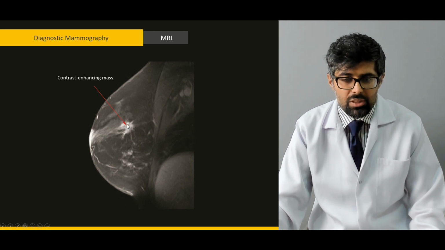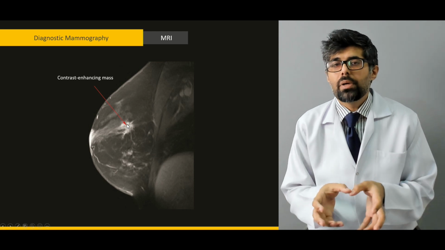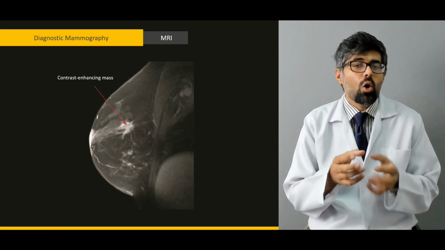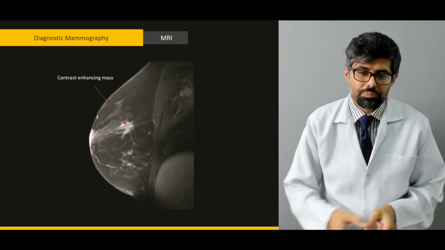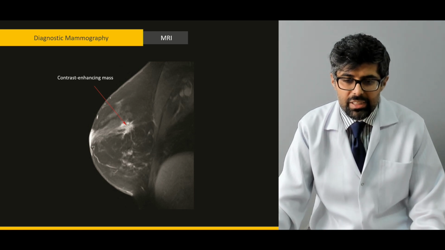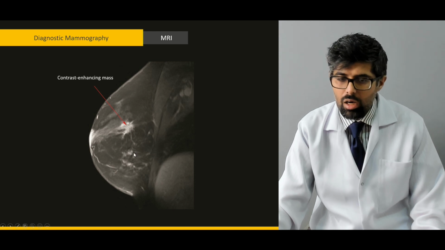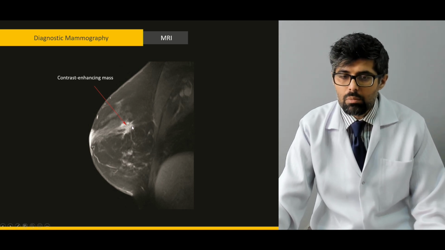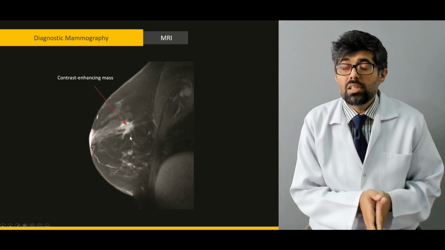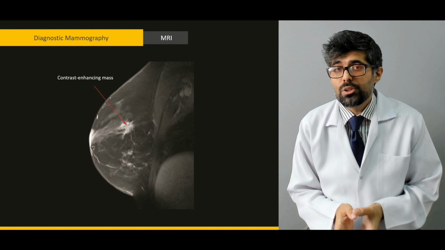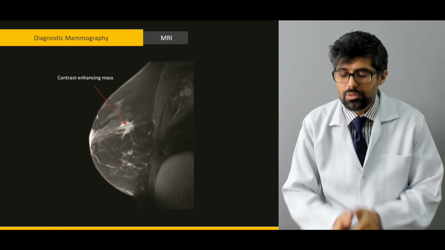Such kind of appearance, a star-like stellate appearance, is usually always indicative of a malignant disease. As you can see, these densities here are not stellate, but this one is. So this contrast enhancing mass has a high suspicion of being malignant.